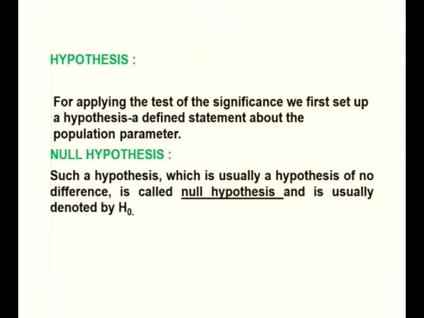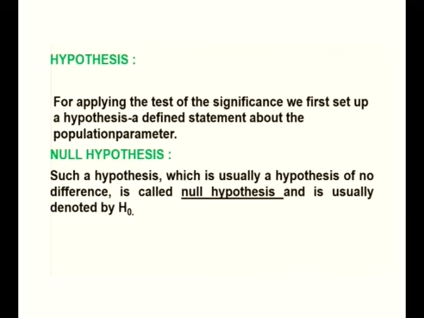When we talk about the assumptions, we have to talk about both parts, the positive part of the inference as well as the negative part of the inference. The positive part says there is no difference between the sample taken and the population concerned, whereas the negative part says there is a difference between the sample concerned and the population concerned.